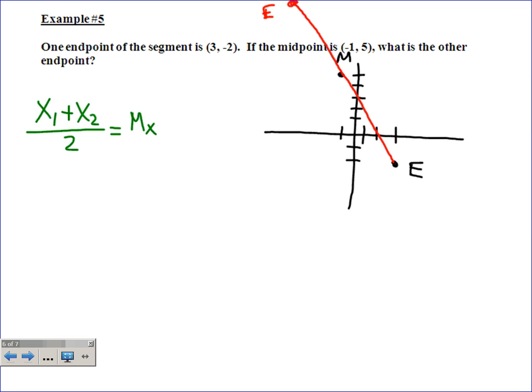And then secondly, if we did the y values, (y1 + y2) divided by 2, that was going to equal the midpoint's y value. That just means it's the x value of the midpoint, and this means it's the y value of the midpoint. So maybe watch this. This might be something to kind of look at. So I don't know what that x value is going to be.